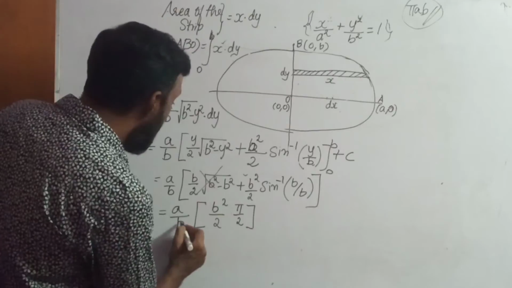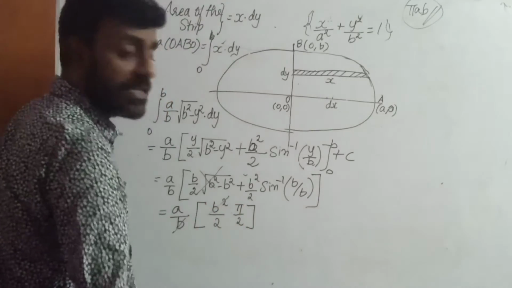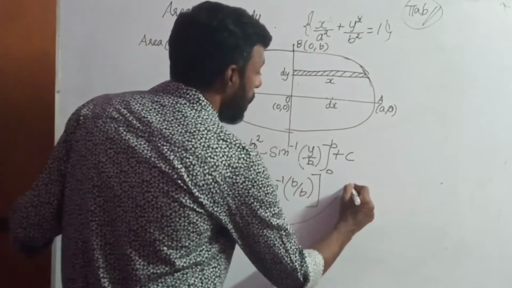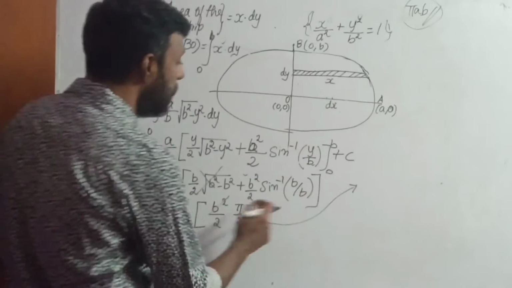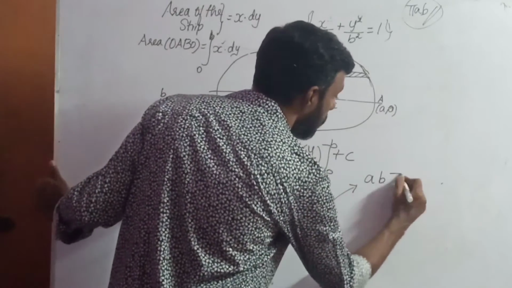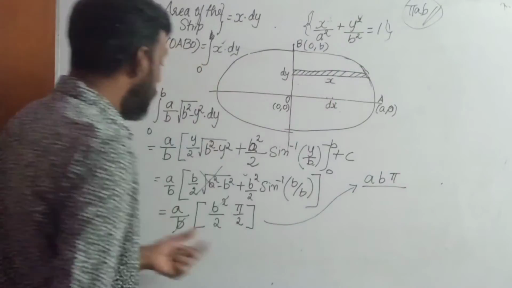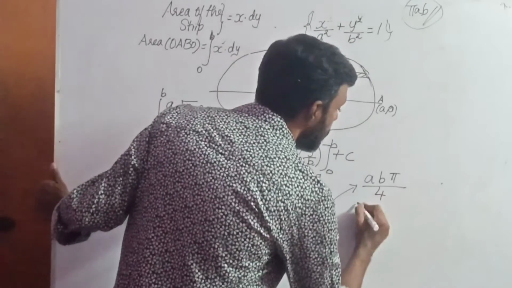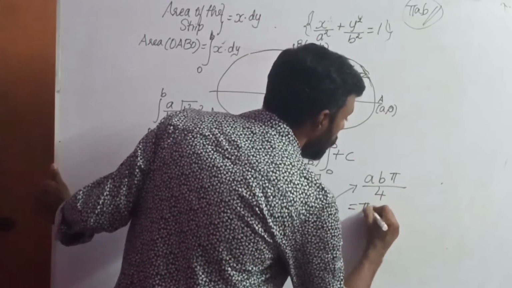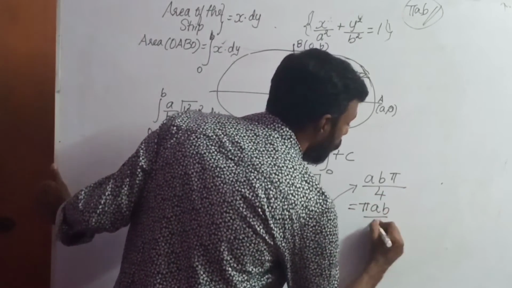So b will get cancelled. So the left out values will be AB pi divided by 2, twos are 4. So it will be pi into AB divided by 4.